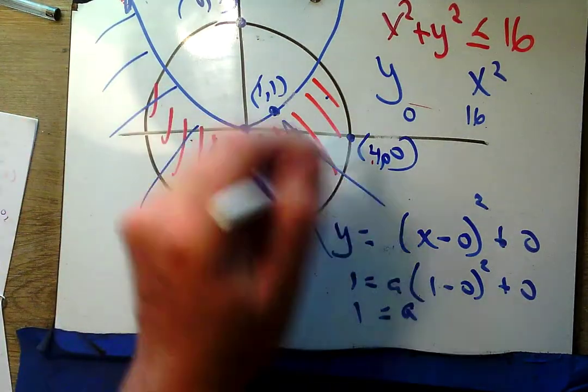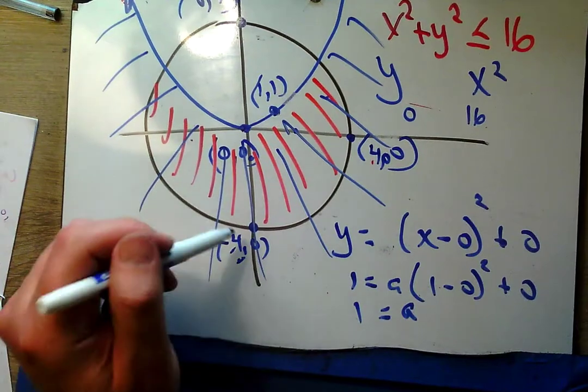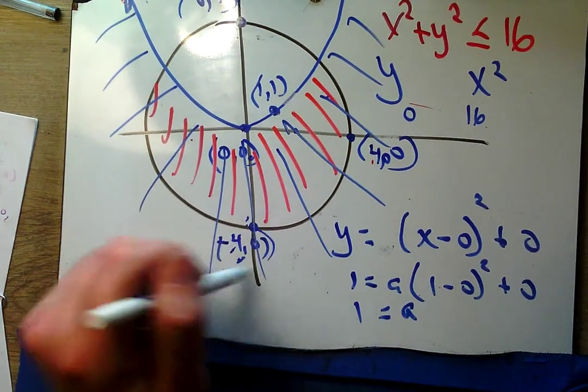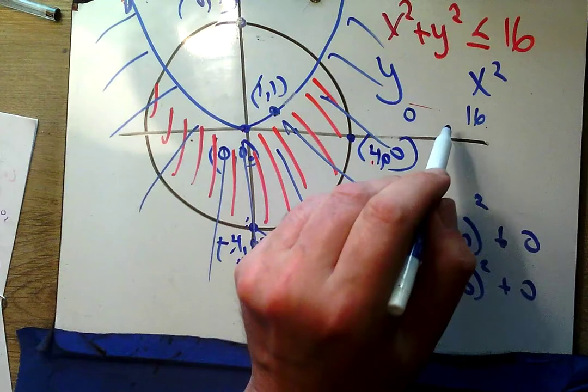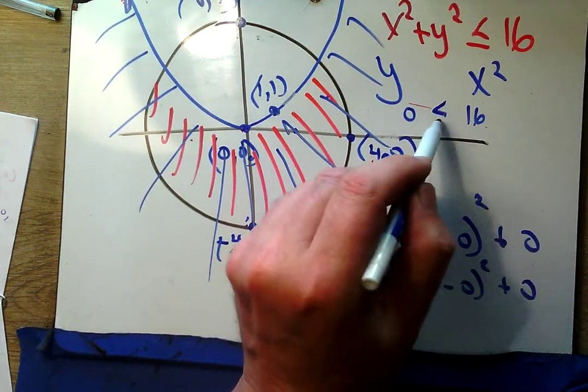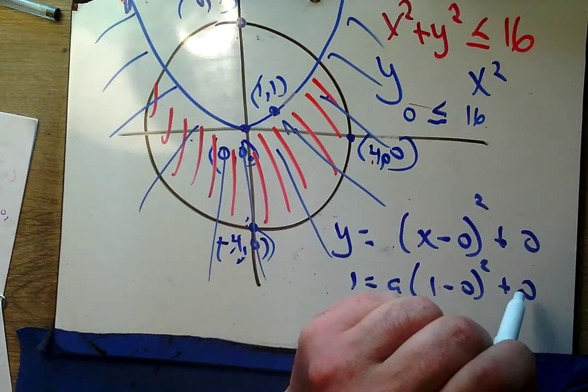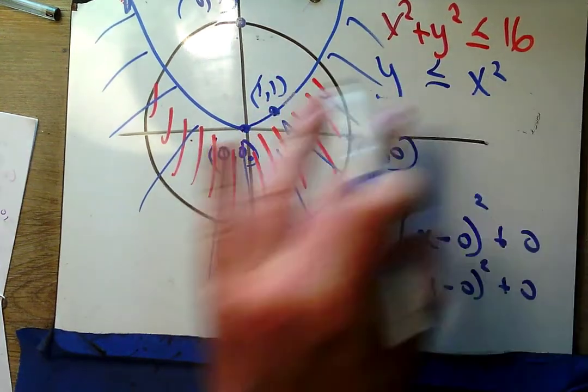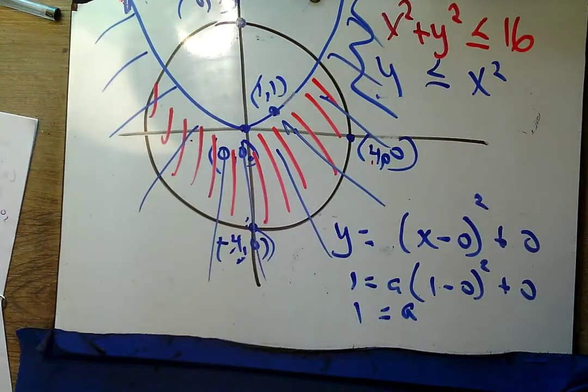The blue comes all like this. So this point is a yes for our blue. This needs to be a yes. So I want that, and because it's solid, I want that. So there we go. There's my system of inequalities.